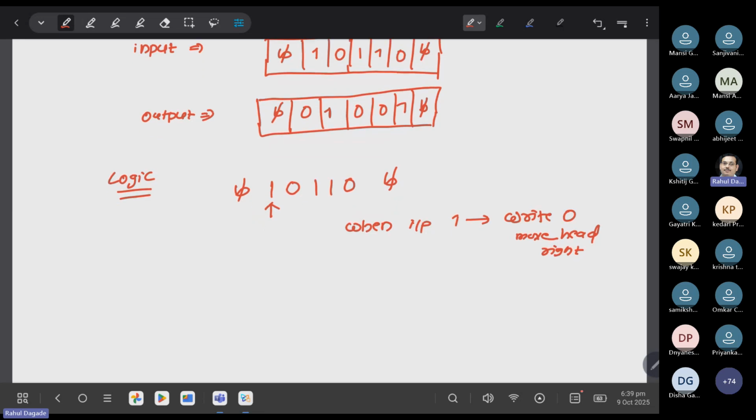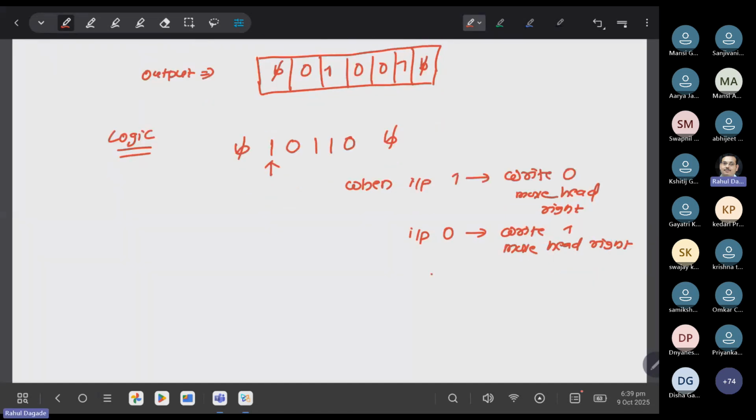And when the input is 0, then write 1 and move the head to the right. And when the input is blank, then stop or go to the halt state. Okay, so this is our logic.